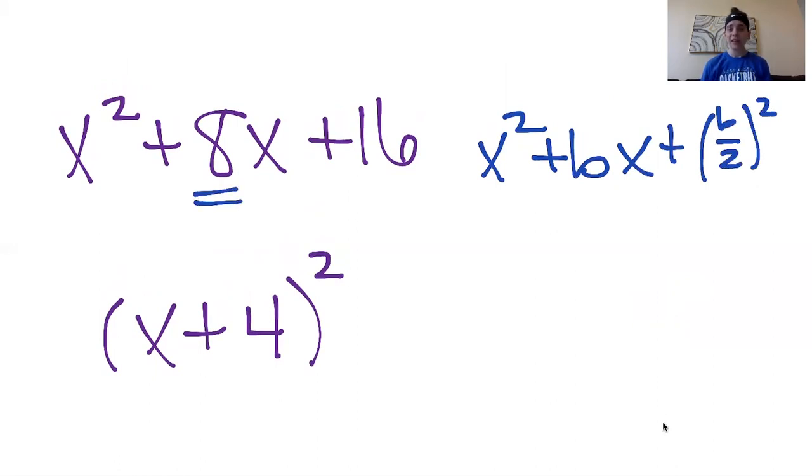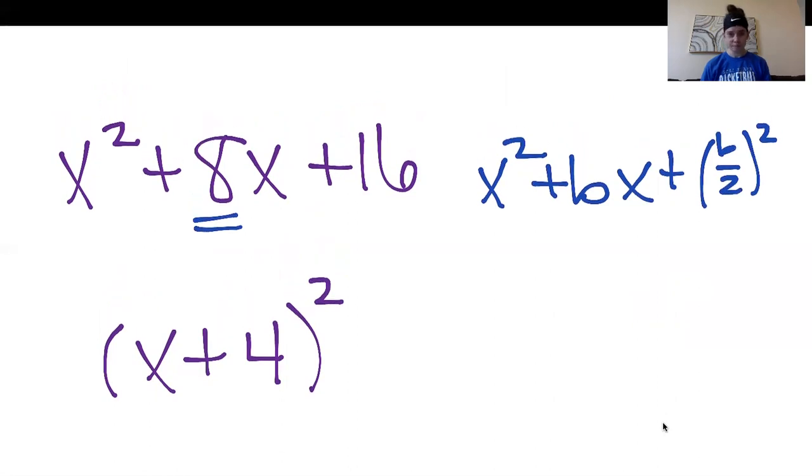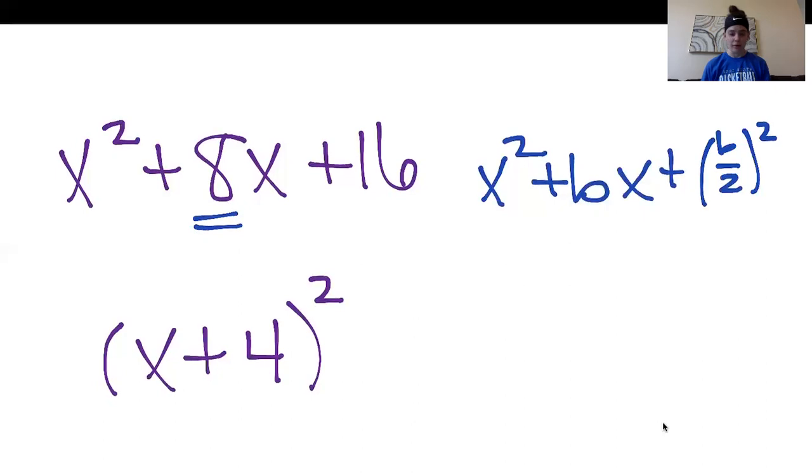So in our example, 8 was our b value. If we take b and cut it in half, b over 2, and then square it, we get 16. So it follows that pattern.